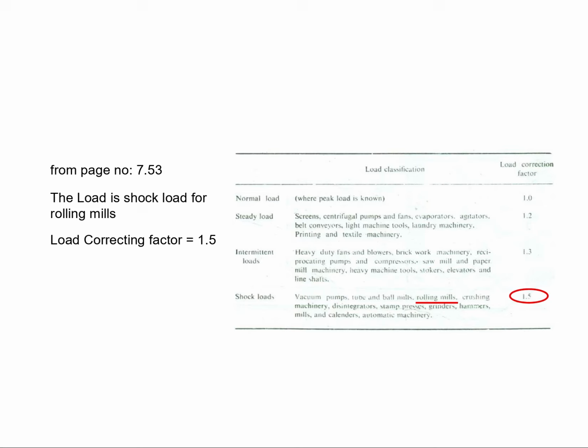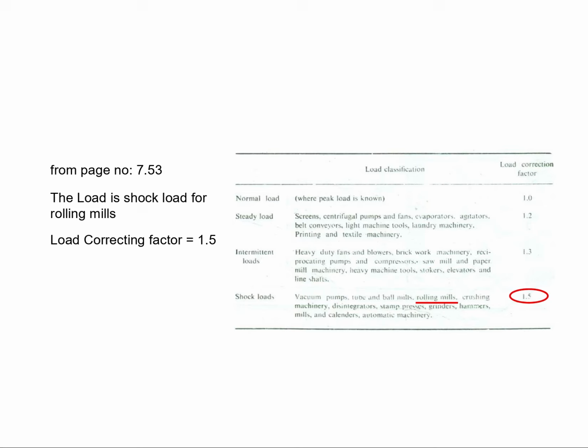For our problem, it is for a rolling machine. We have to design a belt for a rolling machine. So we have to refer to page number 7.53, in the table of load classification, load correction factor, etc. In the load classification, we have to check whether rolling mill is available.